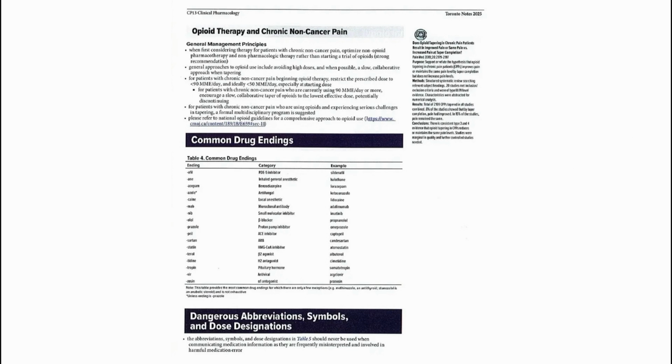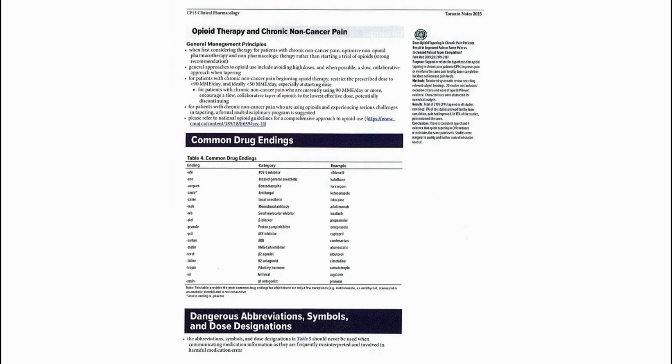Lower doses reduce the risk of overdose while maintaining pain control. For patients already receiving 90 MME per day or more, guidelines recommend encouraging a slow, patient-centered taper toward the lowest effective dose and, if possible, complete discontinuation.